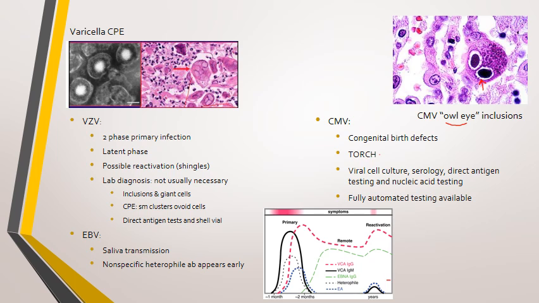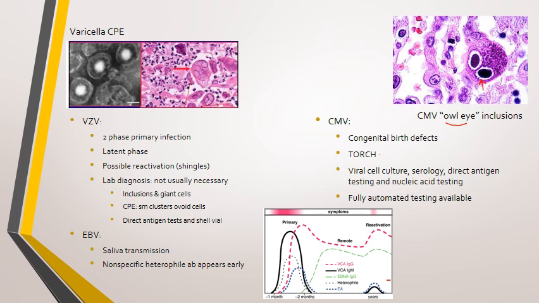Remember that the test we use to detect that in the beginning is the non-specific heterophile antibody, otherwise known as the Paul-Bunnell antibodies, and those will appear early on in the disease. Okay, I'm not going to go through how to identify this all, but here you see the antigens and the antibodies that are present at various points in the disease state for EBV.